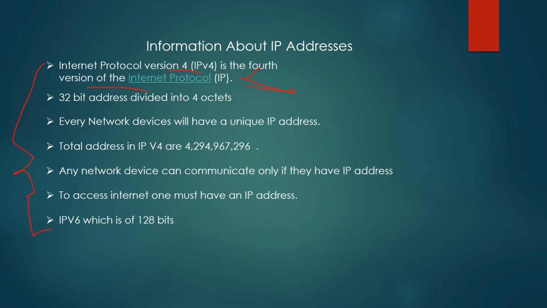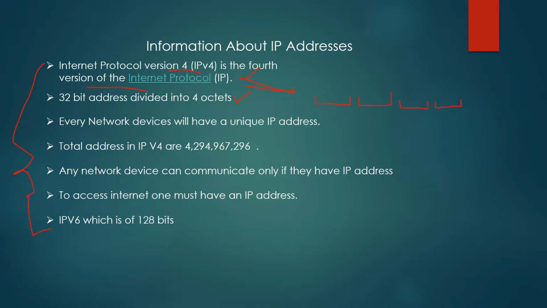It is a 32-bit address divided into 4 octets. So IPv4 is divided into 32 bits, in the form of 4 octets. Suppose we have one IP address, it will be divided into 4 octets.